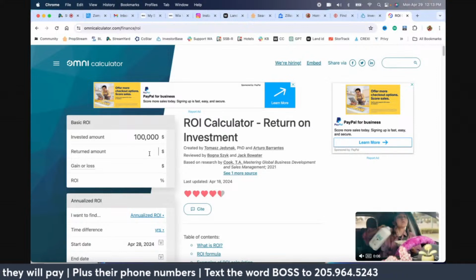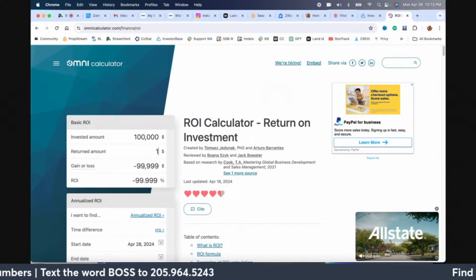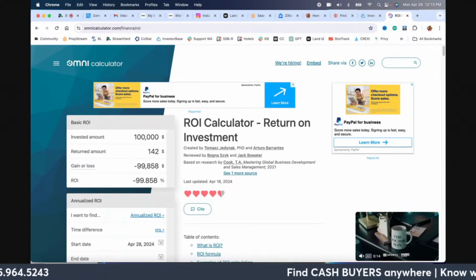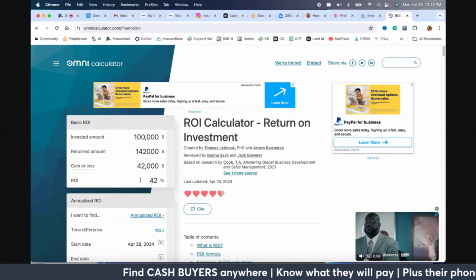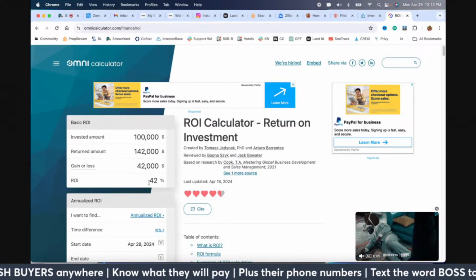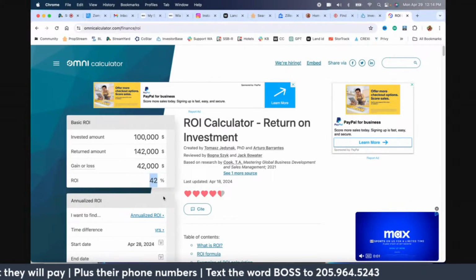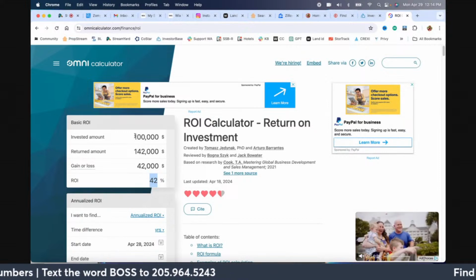So even if you bought and fixed it and flipped it and sold it, I'm just gonna go with 142 just for the odd number, right? You sold it for 142. That's a really good return on your money. Now most people are looking at probably 20, 25%. That's 42% on your money. That's pretty good. But let me show you something.